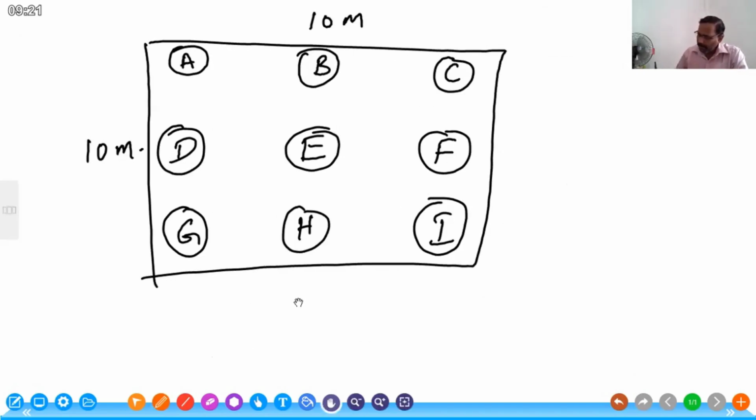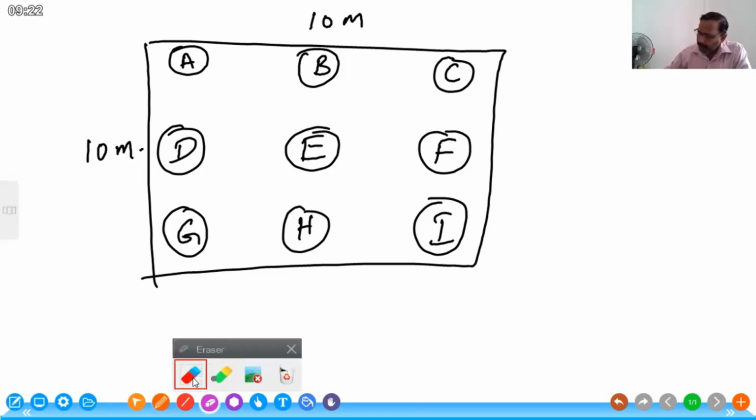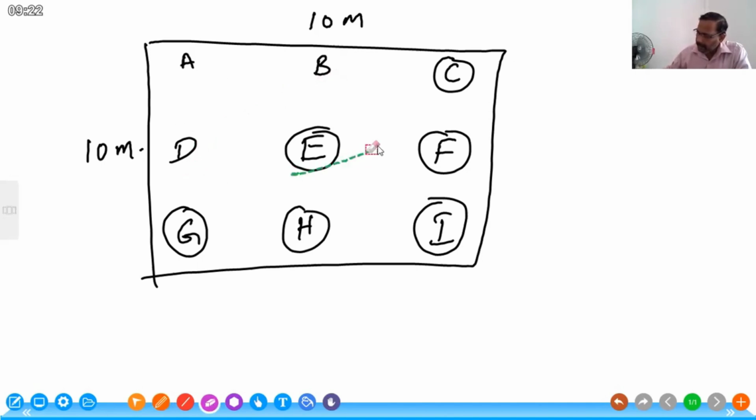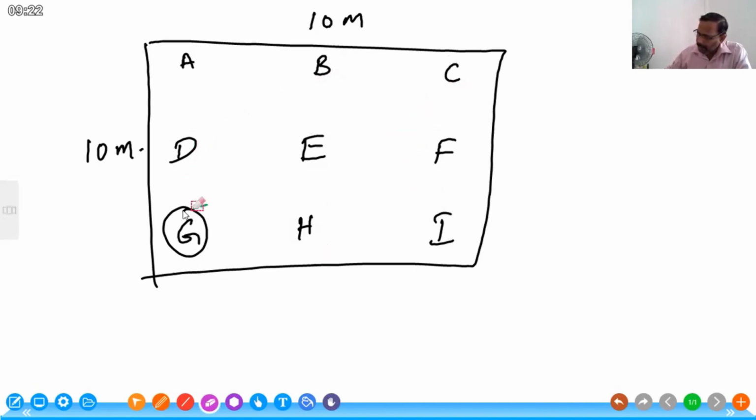Now, if I count, let's say this is some plot. I have put a circle, but you can do it in a circle also.